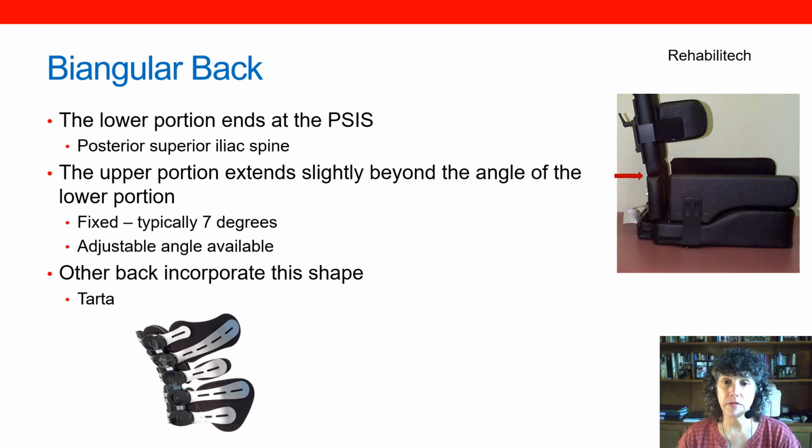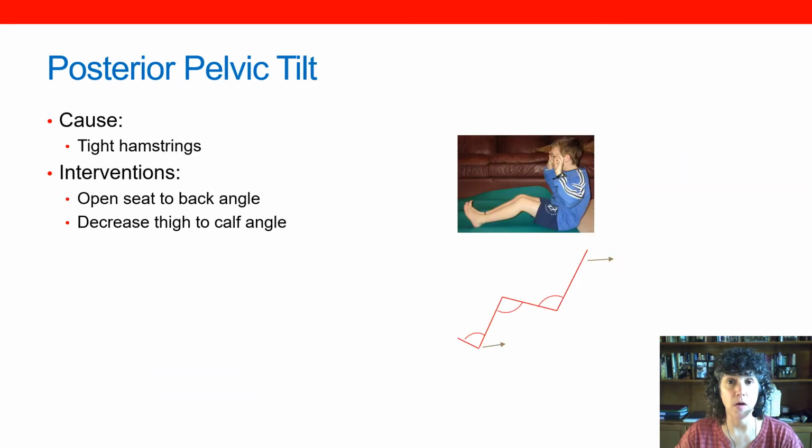But above that, the back angles slightly outward to open the angle, and that promotes trunk extension while keeping the pelvis in a good position. If this uses fixed hardware, usually this angle is about 7 degrees, but there's adjustable hardware as well. You can customize to your individual client's needs. And again, some other backs, including if we do a molded back, may end up with this shape to keep the pelvis upright.